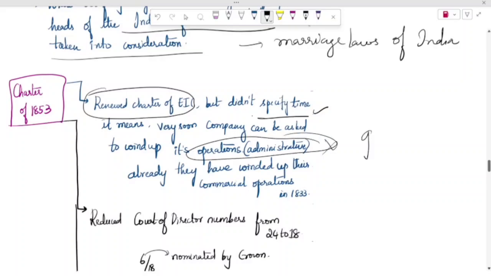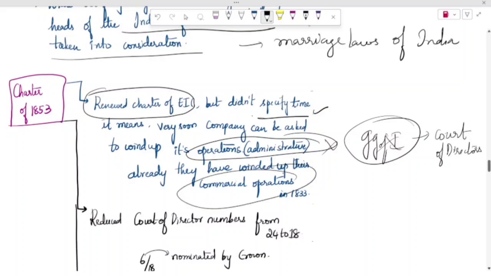It means that the Governor General of India, a member appointed by the Court of Directors, could be removed at any time. Previously, in the 1833 Act, commercial operations were wound up. Only administrative operations were run by the East India Company, that too through the Governor General of India.